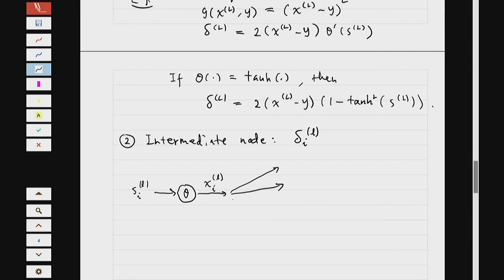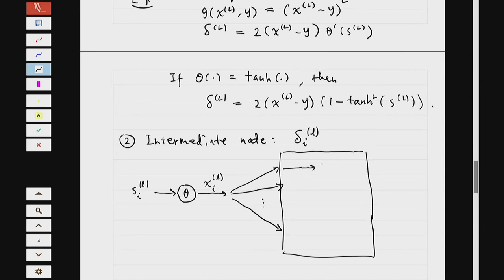In the next layer there are multiple neurons: one neuron, second neuron, until the last neuron. And then all of this gets sent to the other layers, so this one would be the input to the next one.